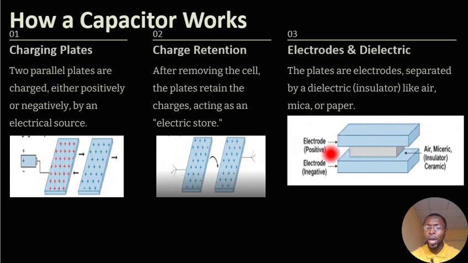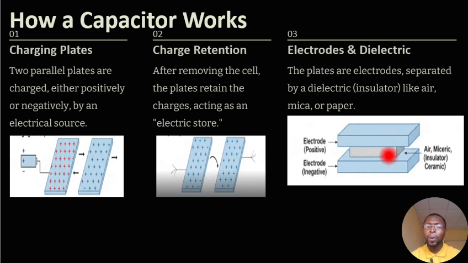Okay, and this is where the capacitor is able to store a charge. By the time you have this dielectric in between them, the charges are not discharged because there is no contact between the two plates. We give the two plates the ability to store their charges without being discharged.